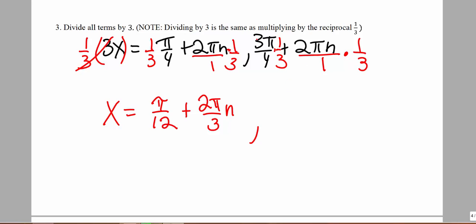And then here, we can cancel if we want before we actually multiply, so we can cancel the common factors of 3. So we get pi over 4 plus, and then here we multiply by 1/3, we also get 2 pi divided by 3 times n. Or you can write that as just 2 pi over 3 n.